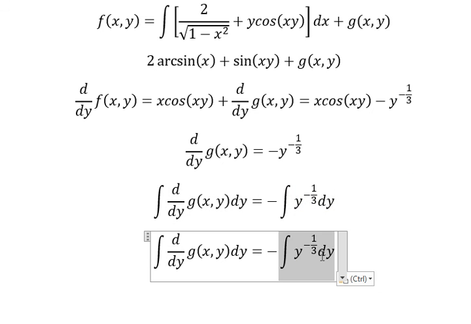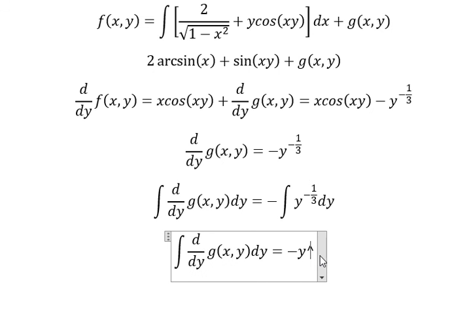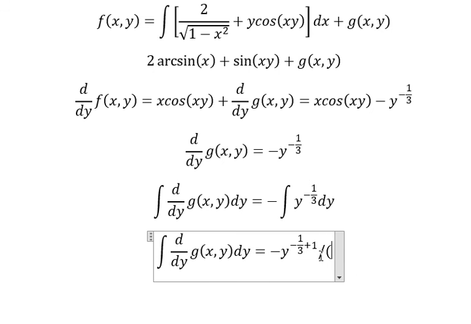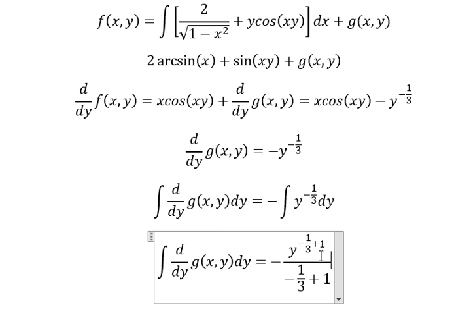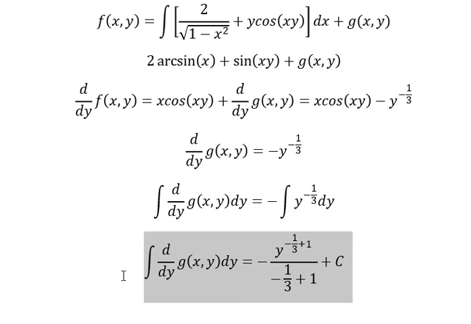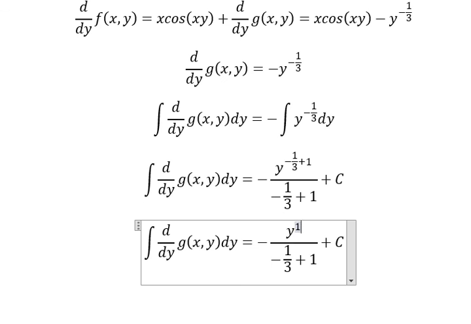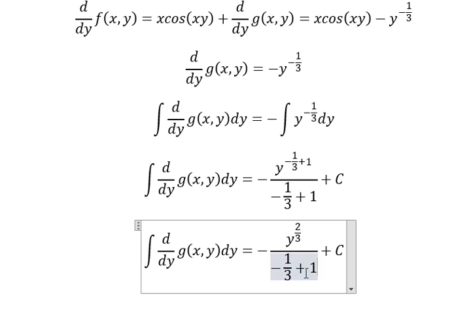The integration of this one, we have y to the power of negative 1 over 3 plus 1 over negative 1 over 3 plus 1, and we put about c. So this one we have 2 over 3. Similar for this one.